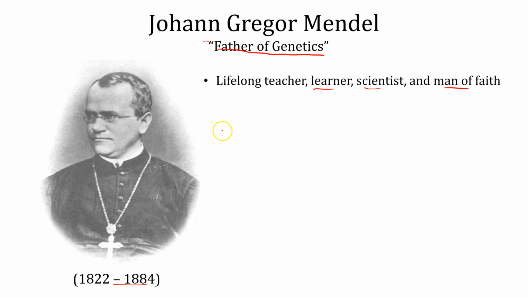And even further than that, Gregor Mendel wanted to be a high school teacher. A couple of times he took exams to be a high school teacher. He got all the way through the exam, but in the very last part, the oral part, he failed it. So he failed it once and couldn't be a teacher. Then 10 years later, he tried again and he failed it again and couldn't be a teacher. And so I think Gregor Mendel struggled with a little bit of depression.